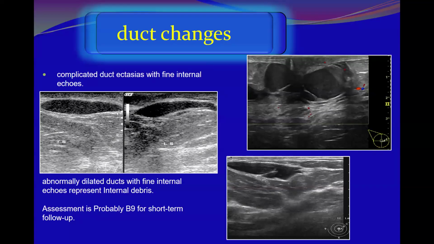It might need to proceed to biopsy. But if it is not associated with internal vascularity or soft tissue component, calcifications, surrounding suspicious features or adjacent mass, just thin walled, imperceptible wall, echo-free or fine internal echoes only, it will be probably benign and you just follow the case, okay?